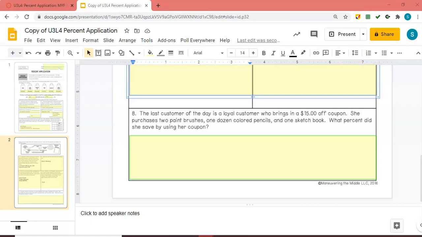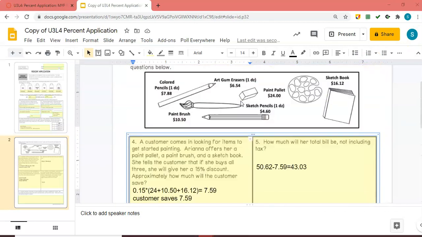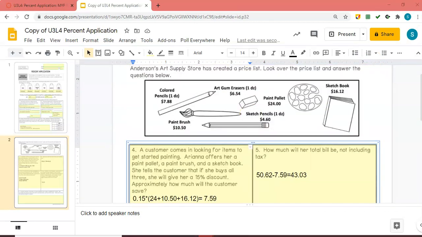Alright, let's go and get the prices for those. So 2 brushes, well, each brush is $10.50, so we've got two of them at $10.50. We've got 1 dozen colored pencils at $7.88, and then we've got 1 sketchbook at $16.12. So let's figure out the cost of each.